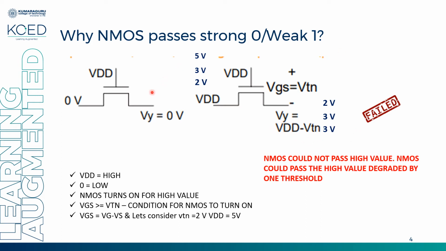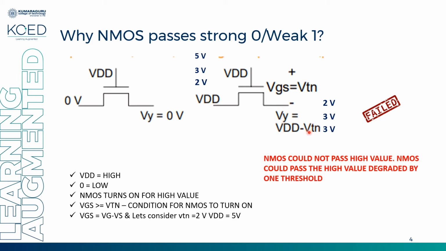Pass transistor can conduct in both directions. So now if you consider this place as drain and this place as source, this justification would be done exactly in the opposite way. That is, what should I do to sustain or to obtain the condition VDD minus VTN at drain?